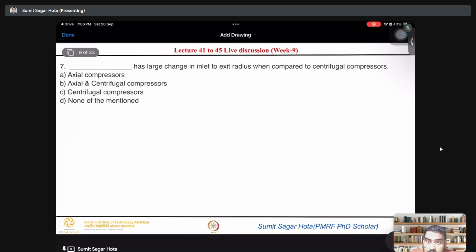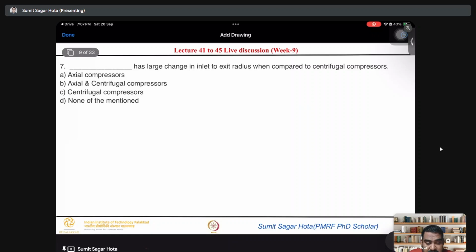Next: dash has large change in inlet to exit radius when compared to centrifugal compressor. They ask what type of compressor we have to tell. For all kinds, either centrifugal or axial, there will be a change between the inlet and exit radius.